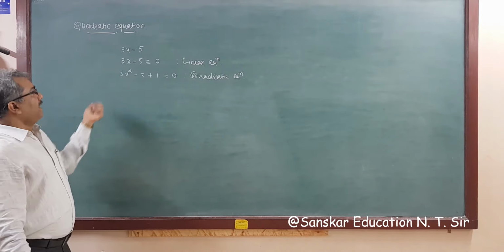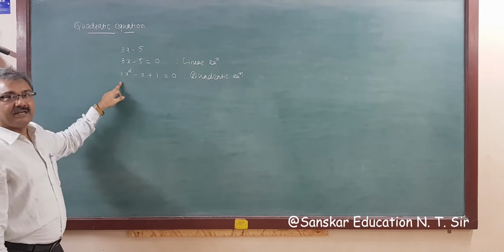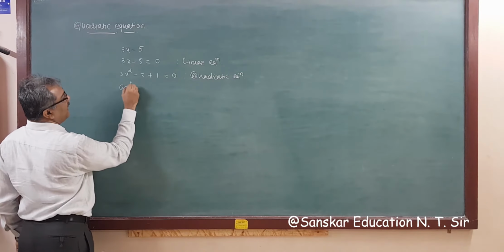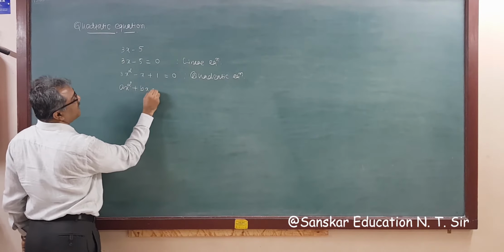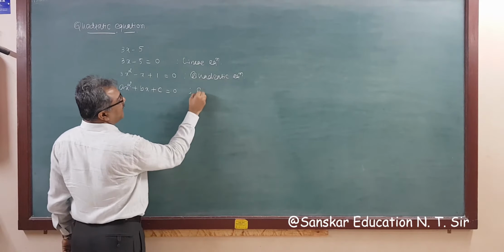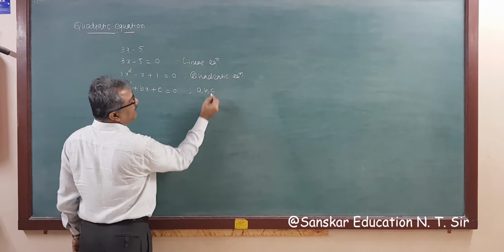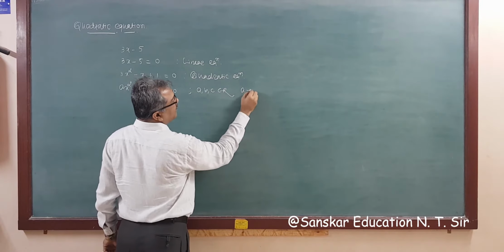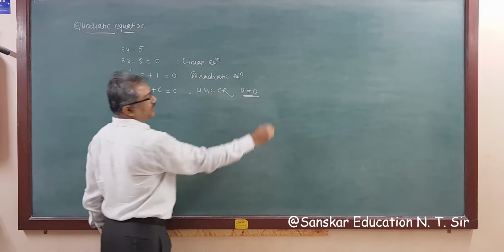Now you know the standard form of this quadratic equation is ax square plus bx plus c is equal to 0, where a, b, c all belong to capital R, and the most important condition is a not equal to 0.